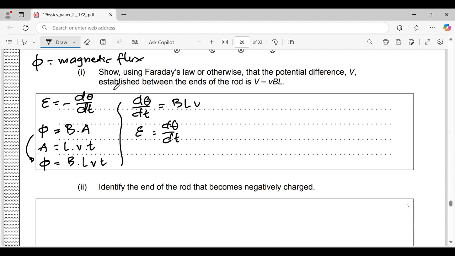This is minus because of the sign of the initial movement, the initial position. So epsilon equals B times L times V based on this formula. Epsilon equals B times L times V. Also, you can write it here as negative.